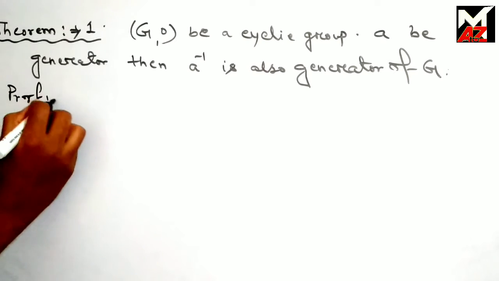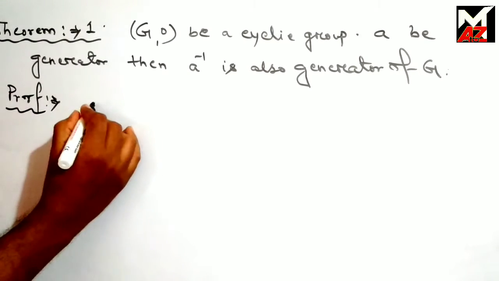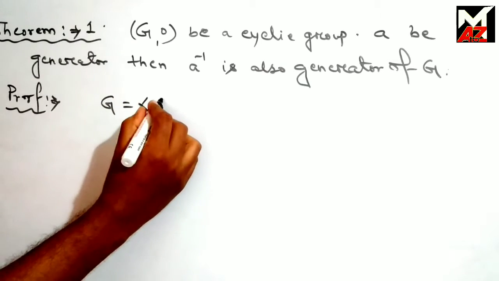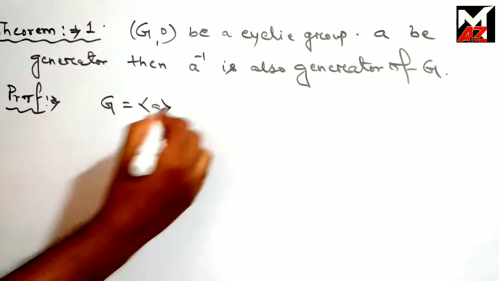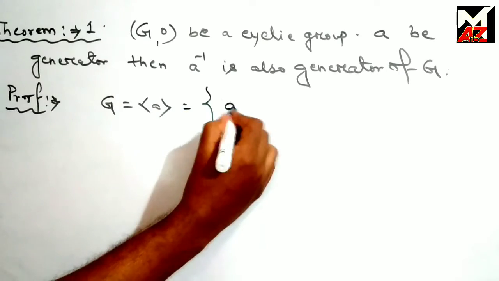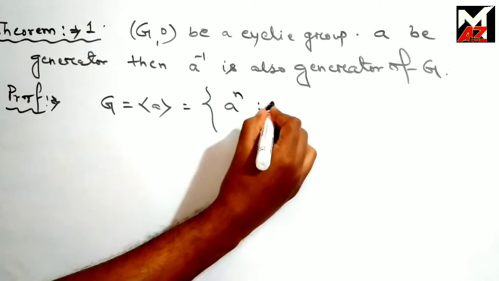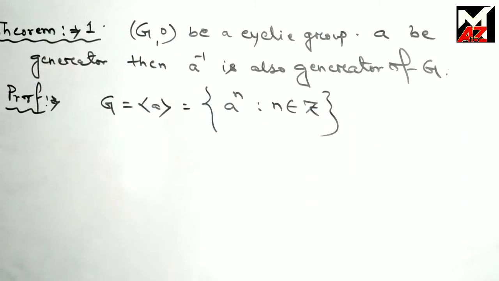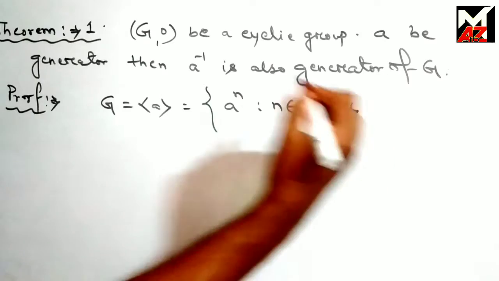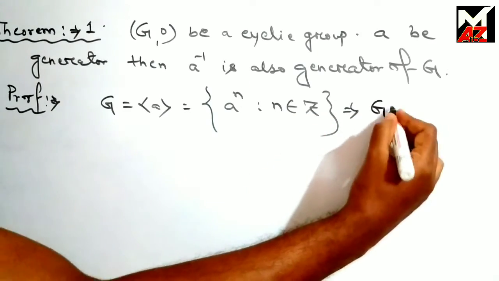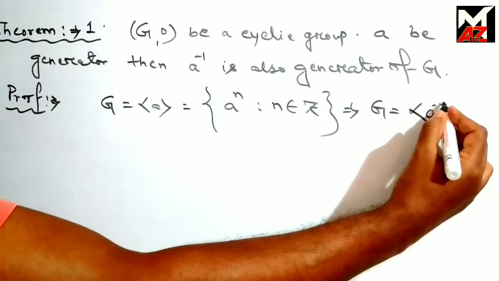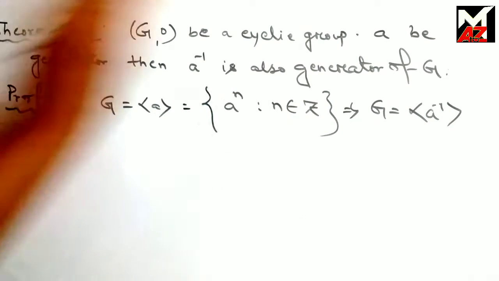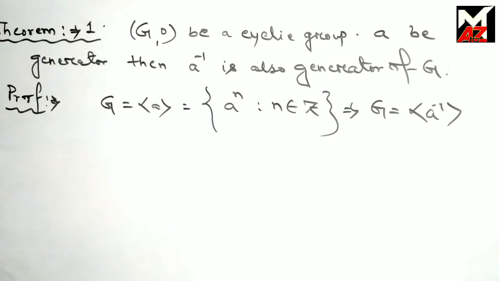Now here it is given that G is equal to this, and this is written as a to the power n such that n belongs to Z, and we have to prove that G can also be written as that type.